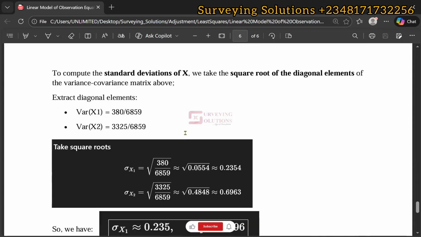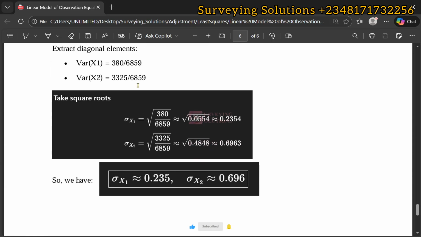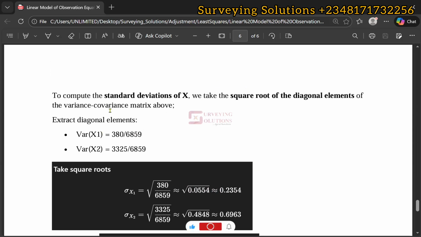So by the time we extract 380 divided by 6859, find the square root of that, then the square root of 3325 divided by 6859, it will now give you what? The standard deviation of each of what? The estimated parameters x, right? Good.